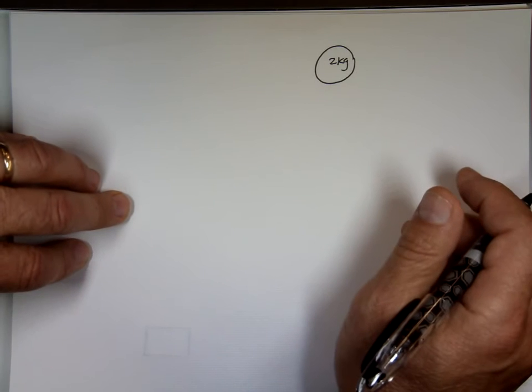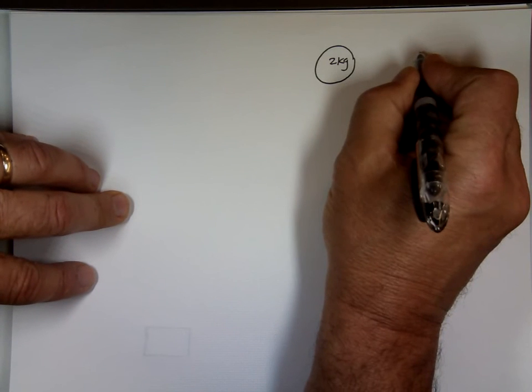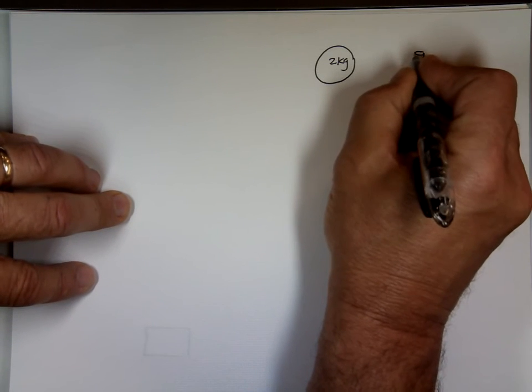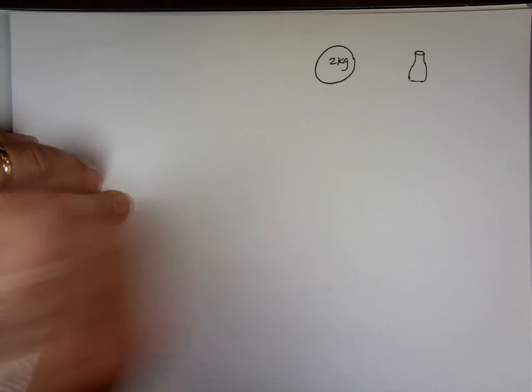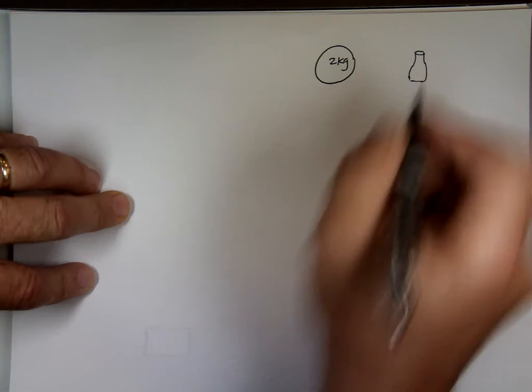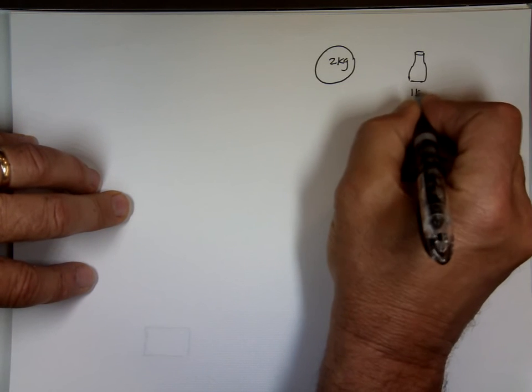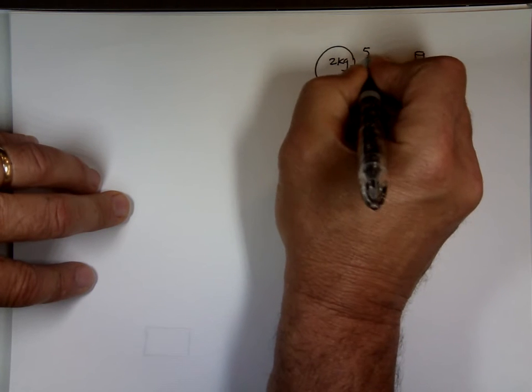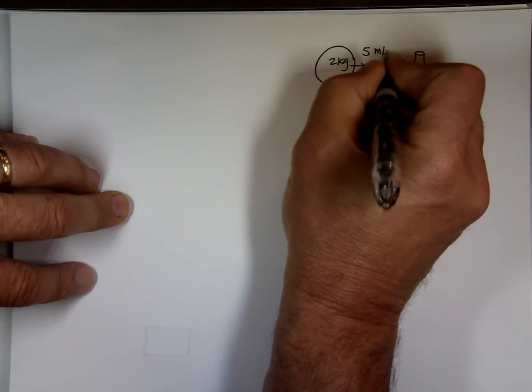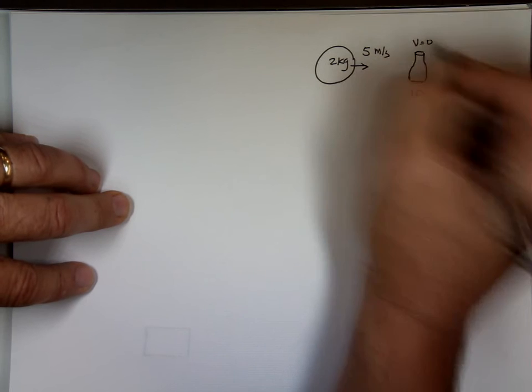It comes and hits the pin. There we go. The pin is not moving. Let's say this is 1 kilogram. This is moving forward with a good speed, 5 meters per second. So the velocity of this is 0. They collide, they hit.